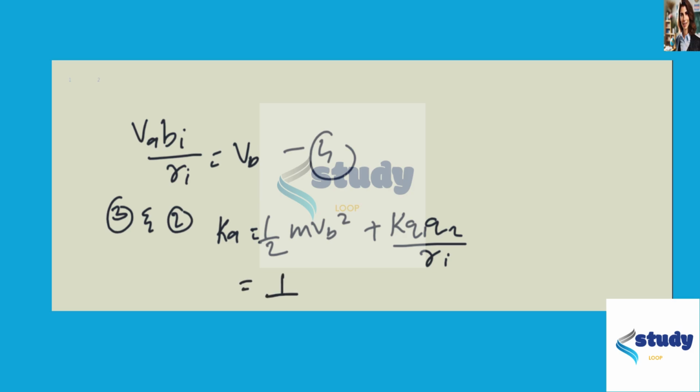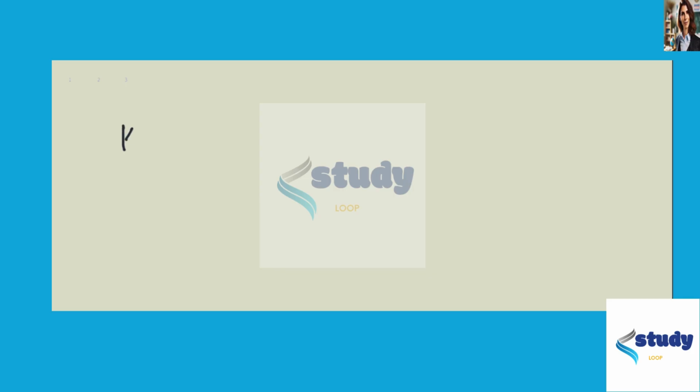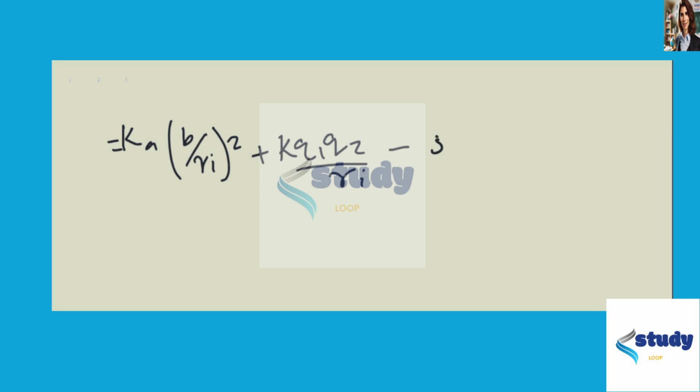Then our kinetic energy after will be 1 over 2 m times va b divided by ri, squared, plus k q1 q2 divided by ri. Further simplifying this, we get k a b over ri, whole squared, plus k q1 q2 divided by ri. We call this equation number 5.